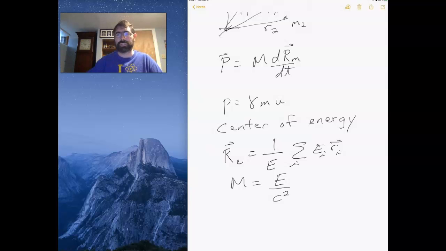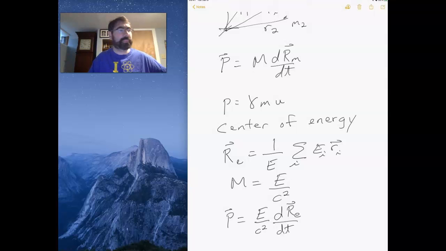So that's the total mass of the system. And therefore, the total momentum of the system is E over c squared times the velocity of the center of energy of the system. Okay, so that was just kind of an aside.